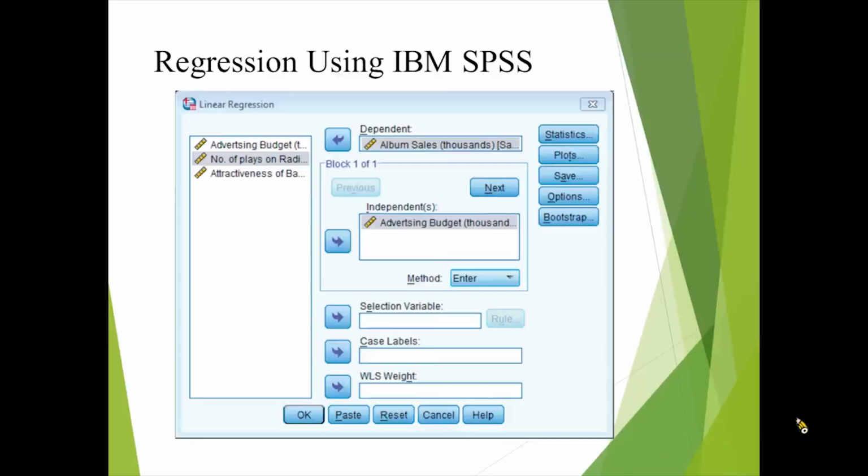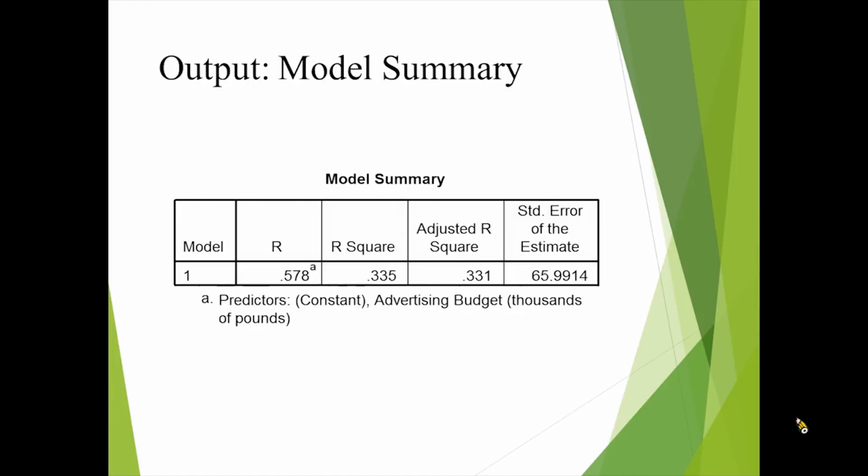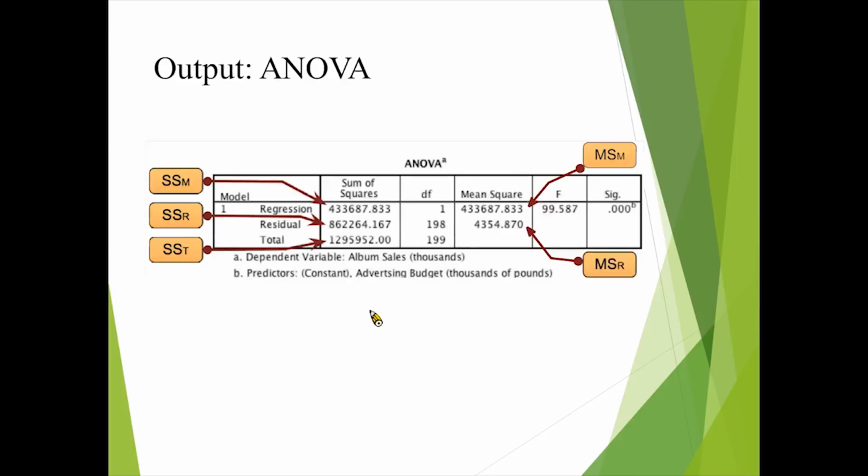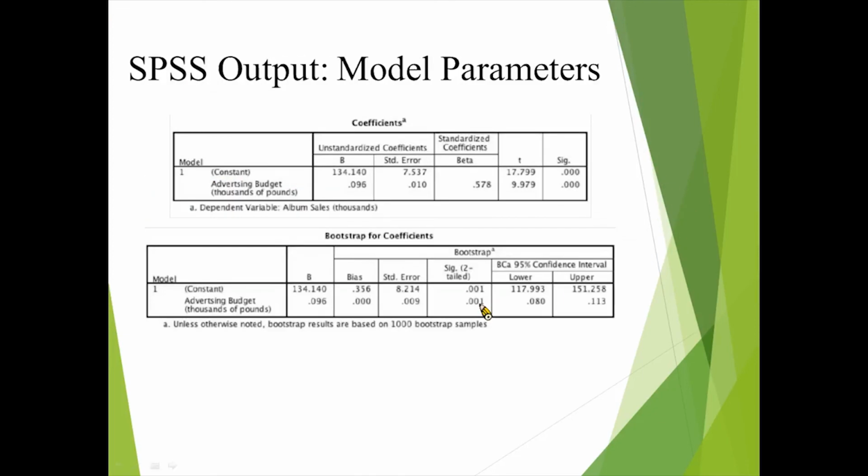The procedure we already used, you can see it's the same. We get the R square, then the same numbers, which are significant, and this is the F test, and this is the coefficient.